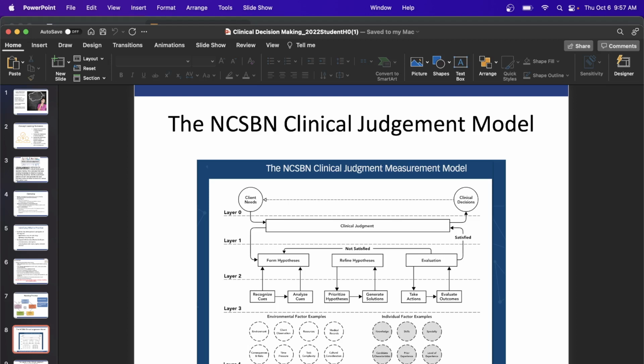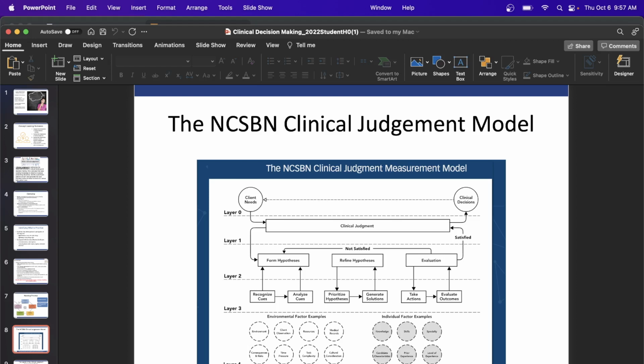This is a busy slide, but basically their terminology is a little different, but it's still nursing process. So on the left-hand part of the slide, here it says form hypothesis. Based on our assessment, we're going to go in and assess.